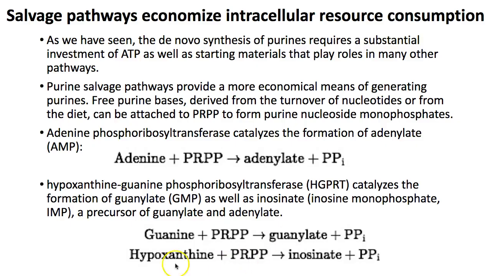But also, if you have xanthine attaching to the PRPP, that actually produces IMP, which you know is a precursor that also can generate GMP and AMP. So those are all the different pathways of recreating all of these different nucleotides.